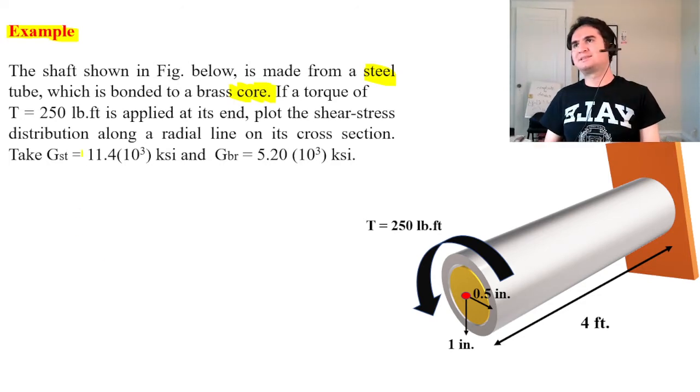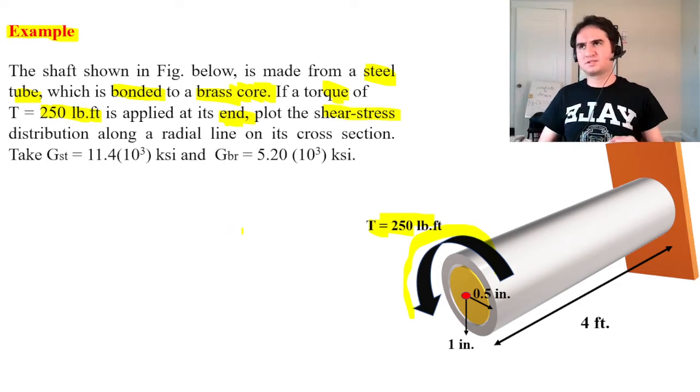The shaft shown in the figure is made from a steel tube bonded with a brass core. A torsional torque of 250 is applied at the free end, as you can observe here in the plot of shear stress distribution. Now we are just going to calculate the forces here.